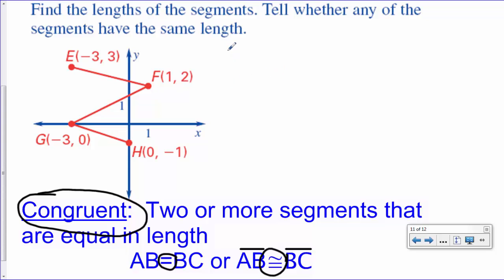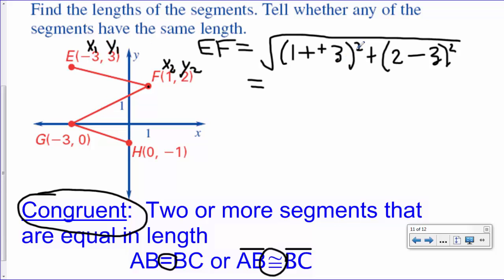For our final example, we'll find the length and the distance between some of the segments. I'll show you the distance from E to F, and we'll compare and see if that's the same distance or length as it is from F to G on the graph. 4 squared equals 16, plus 2 minus 3 is -1, squared is 1.